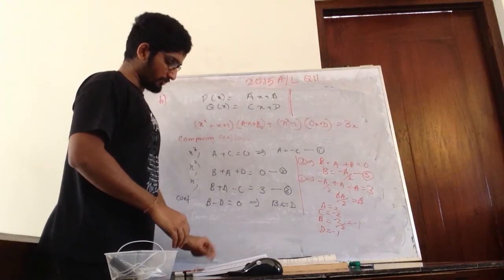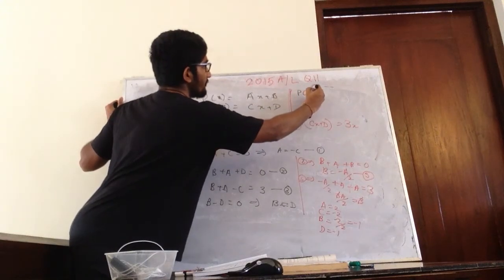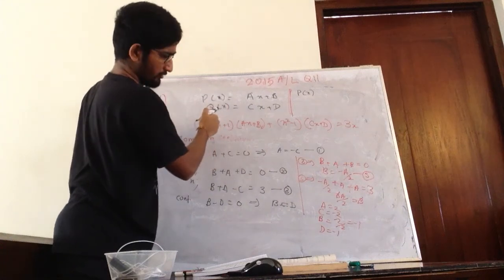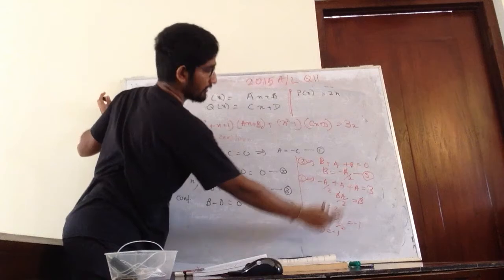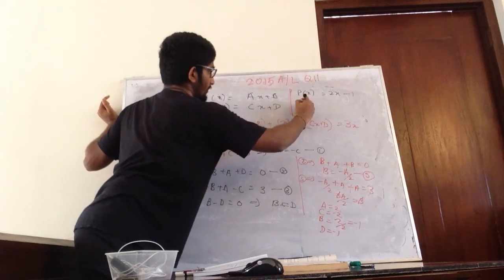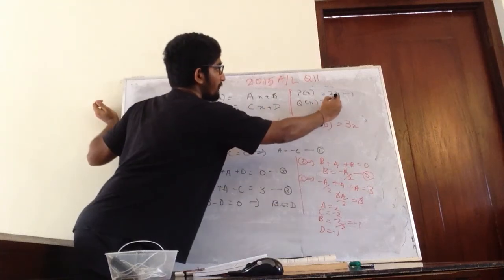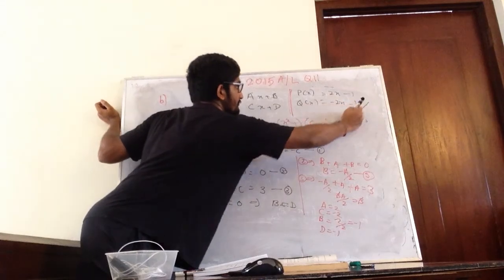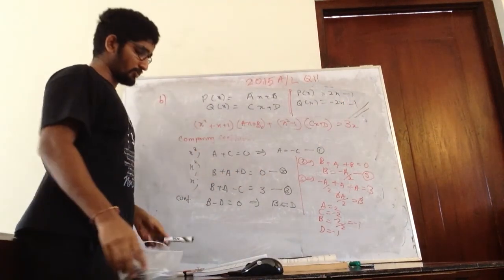P(x) is going to be Ax plus B: Ax is going to be 2x, and B is minus 1. Q(x) is going to be Cx plus D: C is minus 2x, and D is minus 1. So that's basically it.